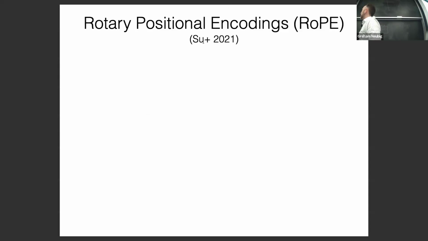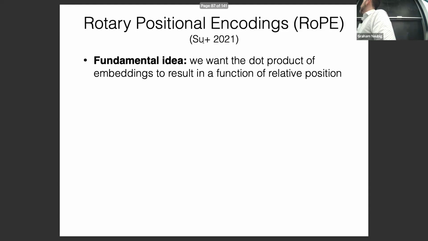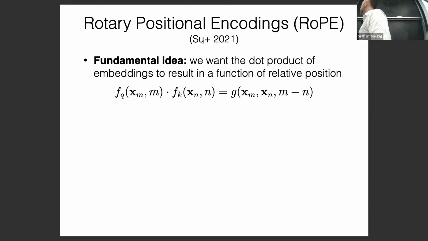So instead, there was a really clever idea called rotary positional encodings. Rotary positional encodings are basically kind of like an absolute positional encoding with a lot of the desirable qualities of relative positional encodings.